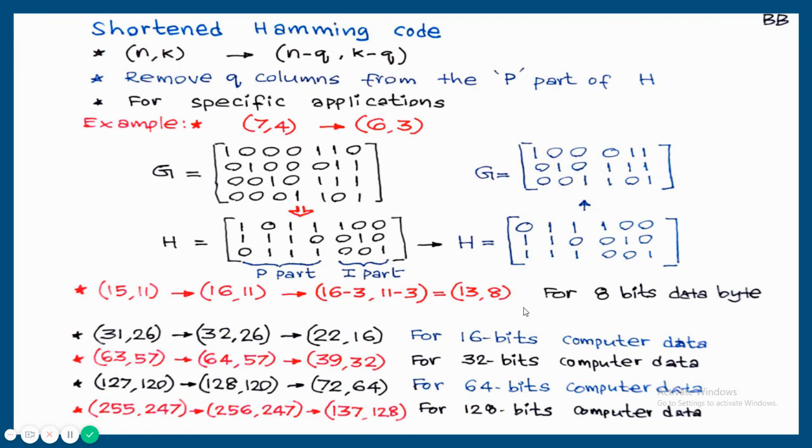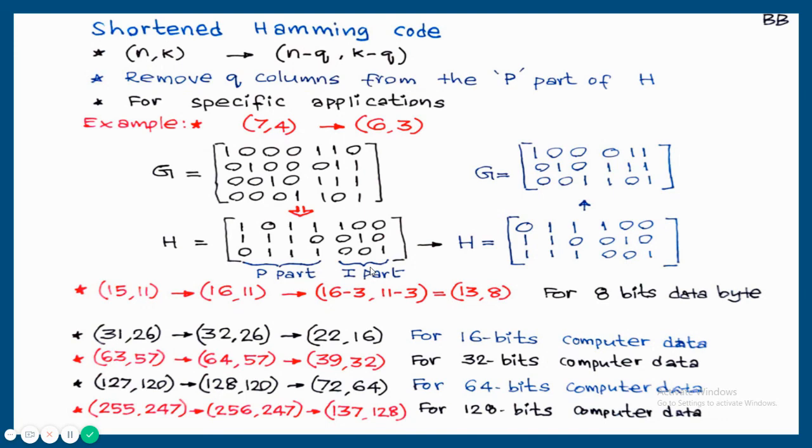The requirement is that the second number should be 8, 16, 32, 64, 128. So for getting that number, you find out how many columns should be removed. The same number of reduction is needed in the first number also. So we'll get those shortened Hamming codes.